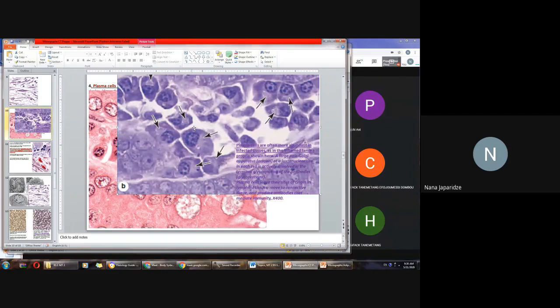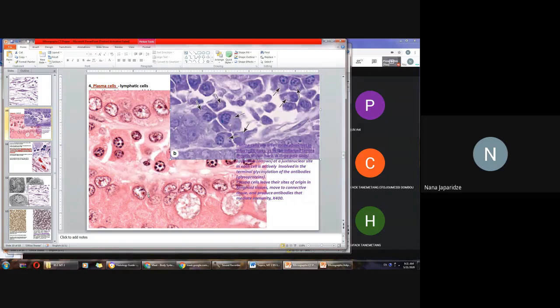Okay, so this is another type of micrograph, and here again we have the plasma cell with a nucleus, with rough endoplasmic reticulum, with a cell cytoplasm, and you know this not stained part or less stained part is Golgi complex.